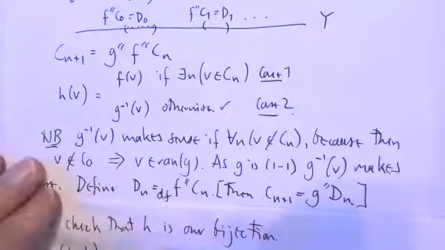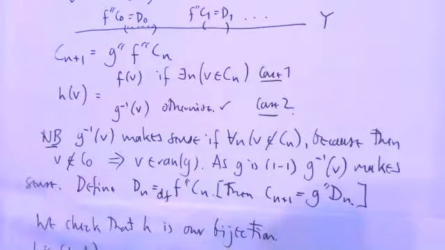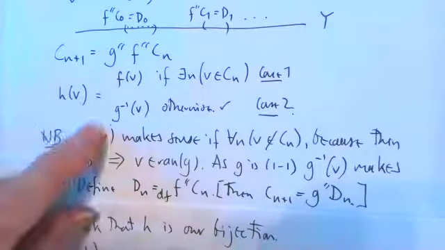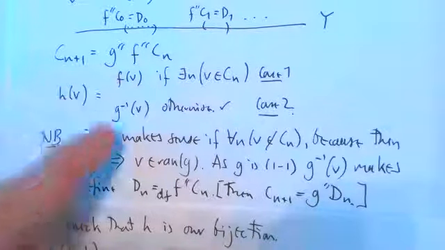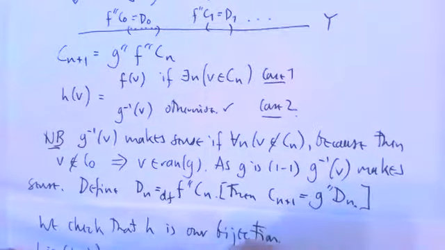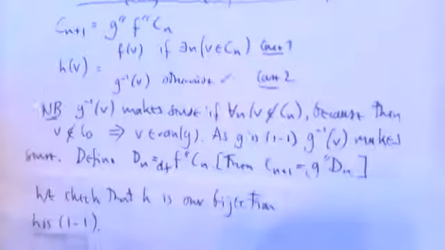So again, g to the minus 1 of u is not g to the minus 1 of v. There's only a potential problem if u falls under case 1 and v falls under case 2, or the other way around. And then there might be some clash. So we just check that there isn't a clash.